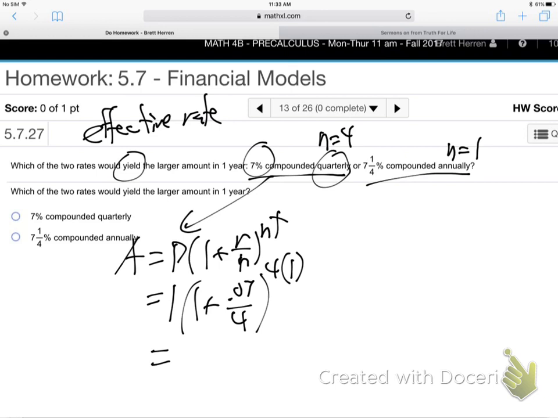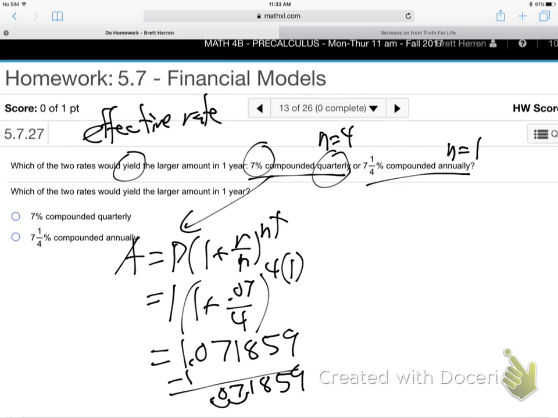So hit the buttons on your calculator. I already got it. You guys are quick. I'm getting 1.071859. So subtract out the original dollar. The growth is 0.071859. Move it 2 places. 7.186%.